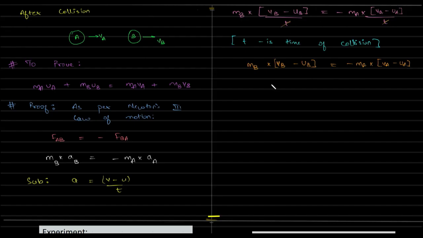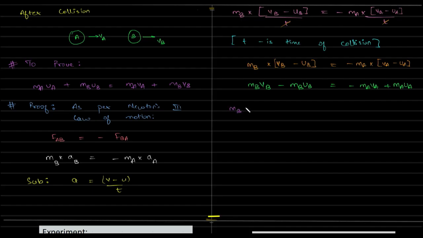Now all we have to do is use the distributive property. This is MB VB minus MB UB is equal to minus MA VA, and minus of minus is plus MA UA. Now we will just have to rearrange. Take this negative term to the right hand side and this negative term to the left hand side.